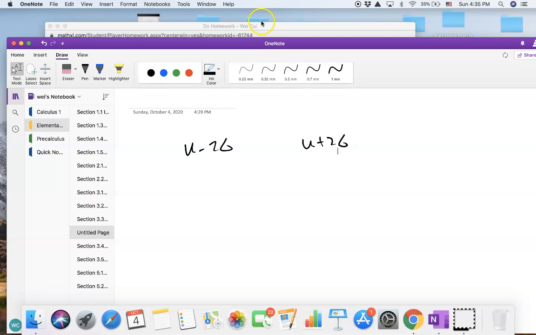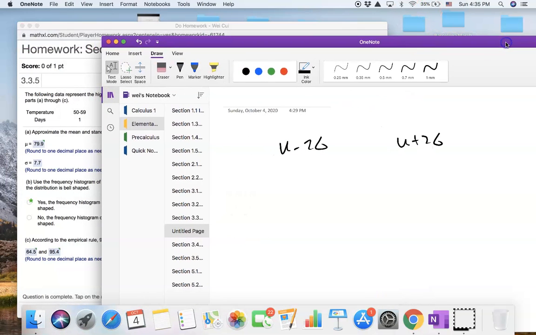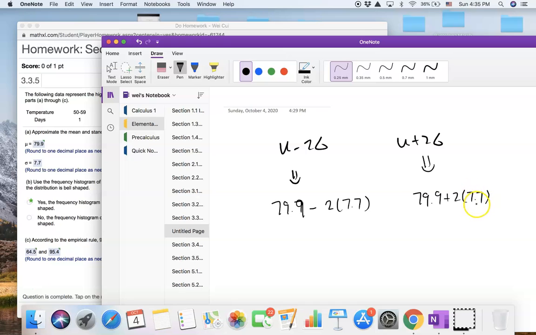Because from part A we figured out the mean and the standard deviation. So mu minus 2 sigma is gonna be 79.9 minus 2 times 7.7, and the mu plus 2 sigma, that's gonna be 79.9 plus 2 times 7.7. So that's how we got these answers. Okay.